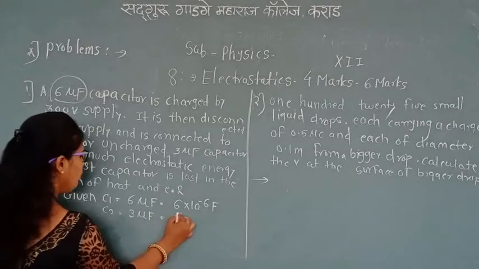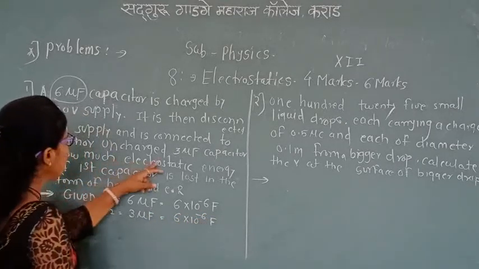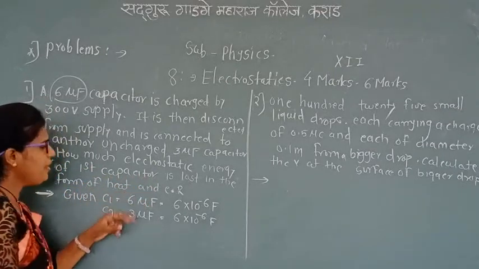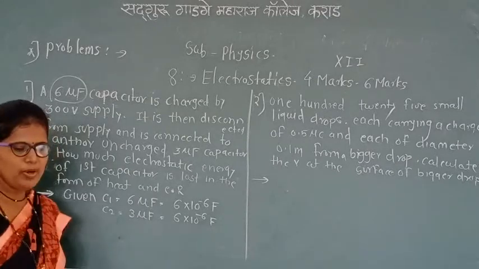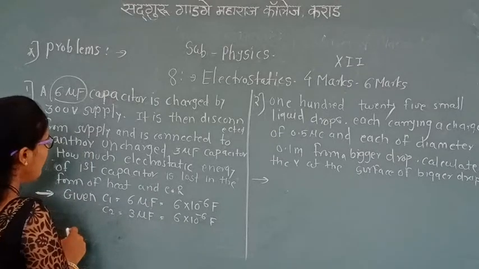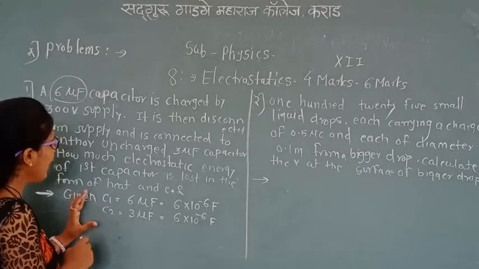This also we have to convert into Farad. We have to calculate how much electrostatic energy of the first capacitor is lost in the form of heat and electromagnetic radiation. First of all, we have to read this example carefully and recognize what the given values are and what will be calculated.